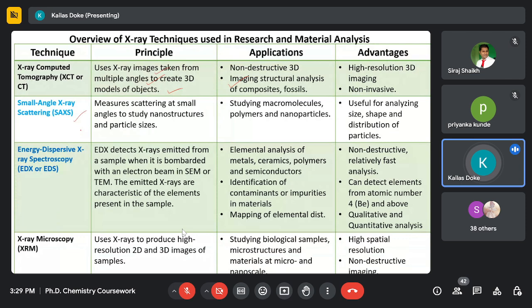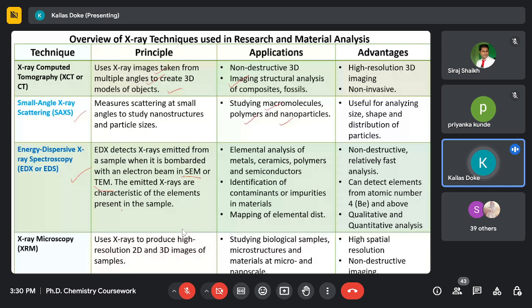The next technique is EDX, energy dispersive X-ray spectroscopy. This is also widely used in various material analyses. It is an X-ray technique also coupled with SEM and TEM, the scanning electron microscope and transmission electron microscope.